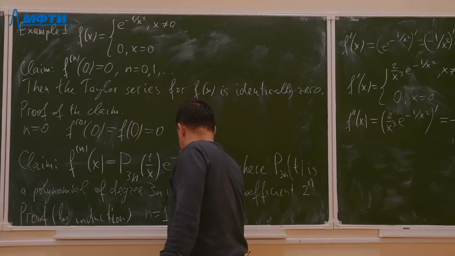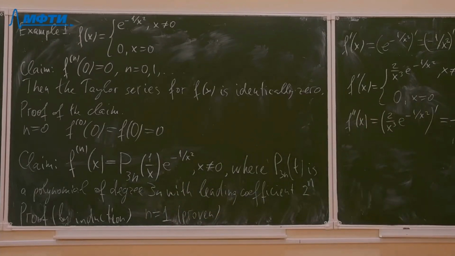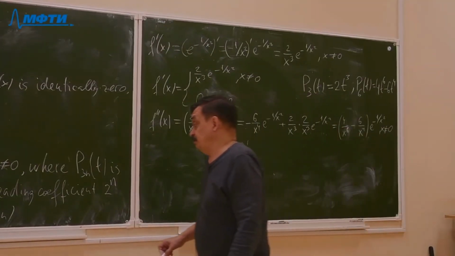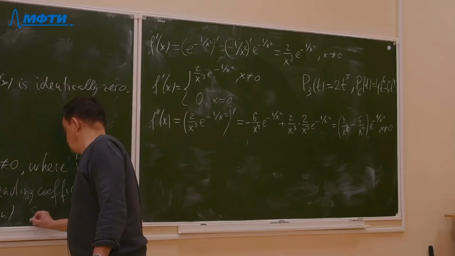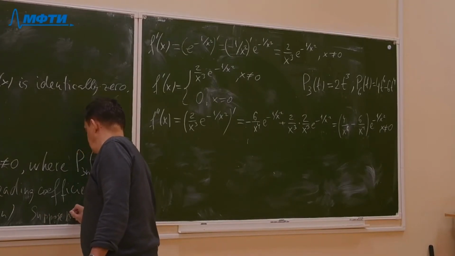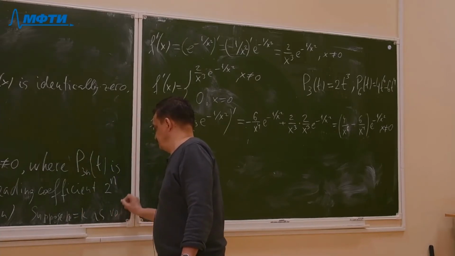Proven, right? So, we suppose n equals k is valid, right?